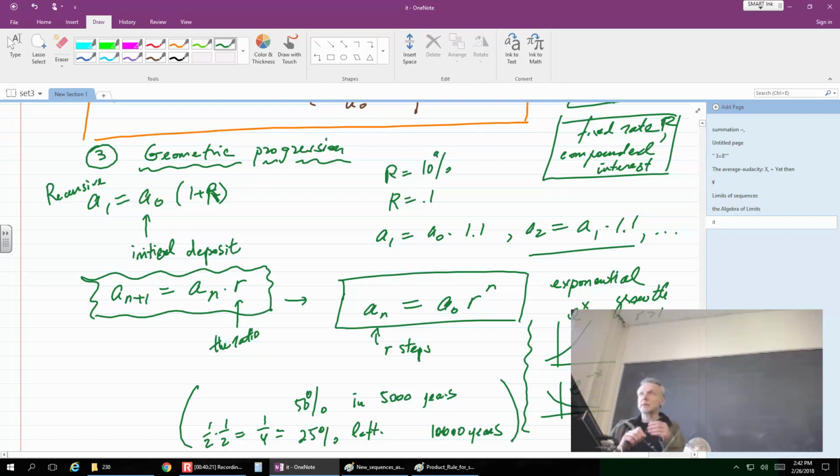Remember that? How that is established? L'Hopital's rule, remember? So the exponential function will beat every polynomial function, even though the power is 100 or 100,000, it doesn't matter, it will eventually surpass it. So that's the thing about exponential functions.